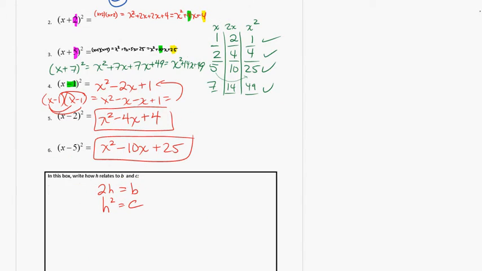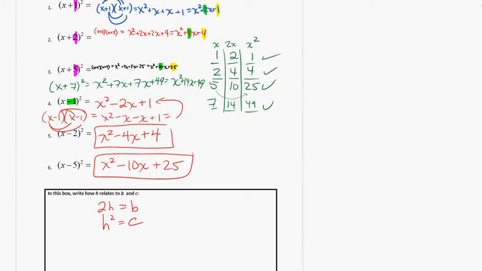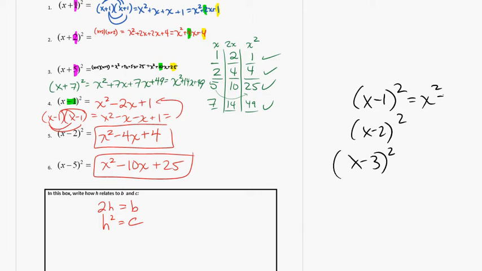You should start to recognize these and practice expanding things like x minus 1 squared, x minus 2 squared, x minus 3 squared. Noticing this is x squared minus 2x plus 1. That the c value is that number squared, that the b value is twice as much. Because the more you do this, the better you are going to be creating these perfect square trinomials.